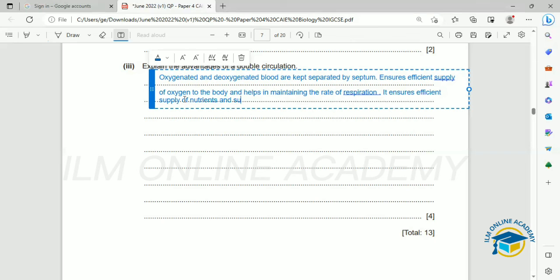And there are a lot more things. It would allow more time for gaseous exchange, and it's going to prevent damage to the capillaries that are present in the lungs, and lower pressures in the pulmonary artery and circuit mainly. So yeah, 4 to 5 points are going to be enough.